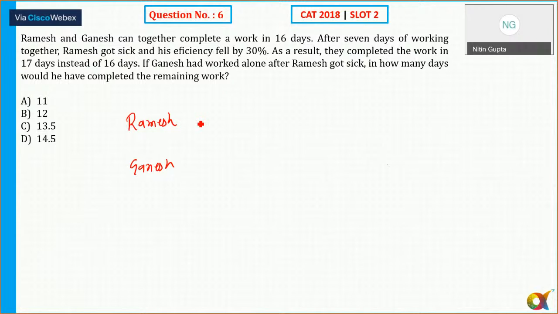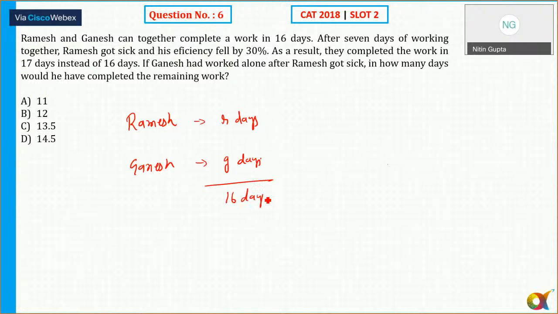So let's say Ramesh can complete the work in R days, and Ganesh, while working alone, takes G days. But together they complete the work in 16 days.